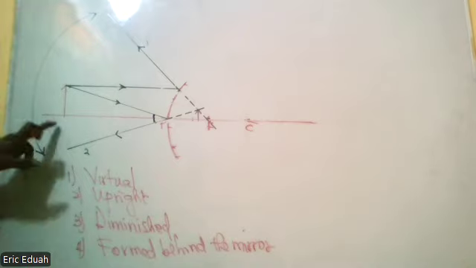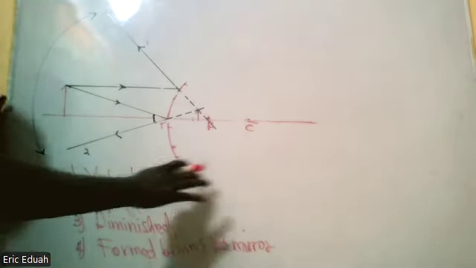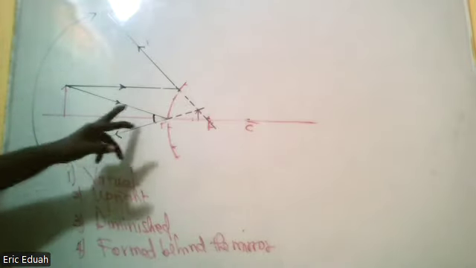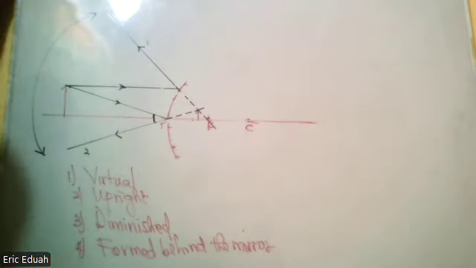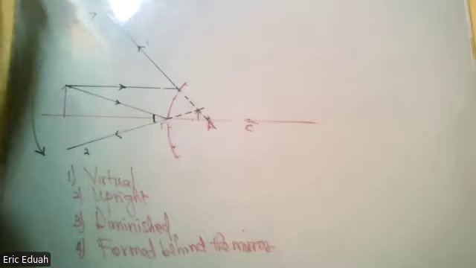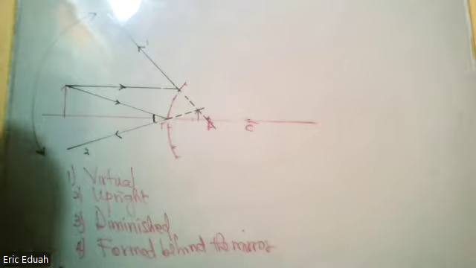So, yes, we varied the position of the object distance, but we are getting the same description as when the object was just close to the mirror. So for a convex mirror, irrespective of the object position, the same description of the image will be obtained.